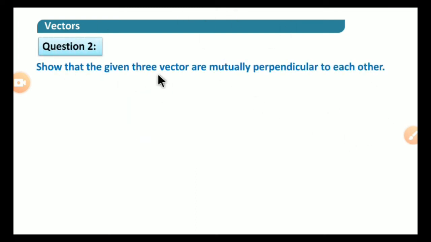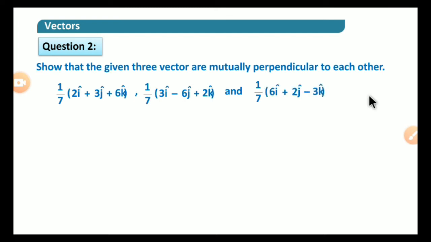Now we will go for the second question. Show that the given three vectors are mutually perpendicular to each other. Now consider three vectors: 1 by 7 into the bracket of 2i plus 3j plus 6k; the second vector 1 by 7 into the bracket of 3i minus 6j plus 2k; and the third vector 1 by 7 into the bracket of 6i plus 2j minus 3k.